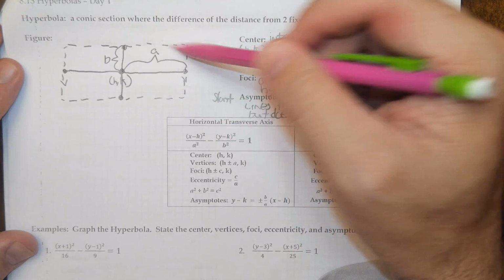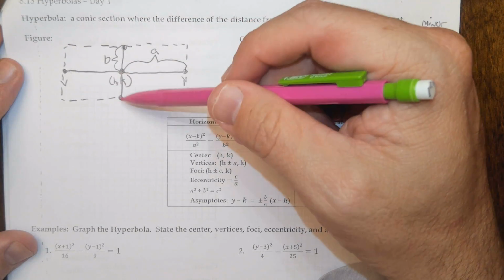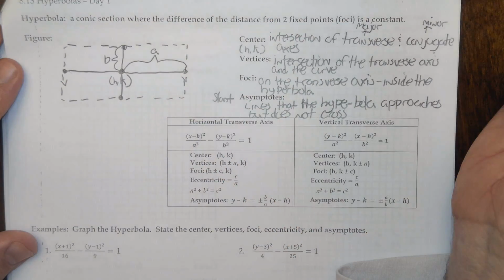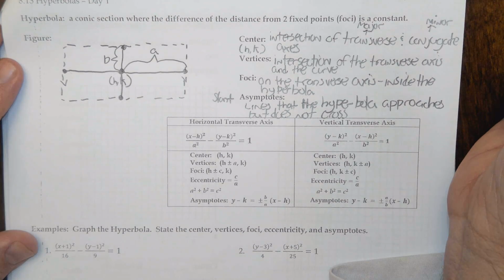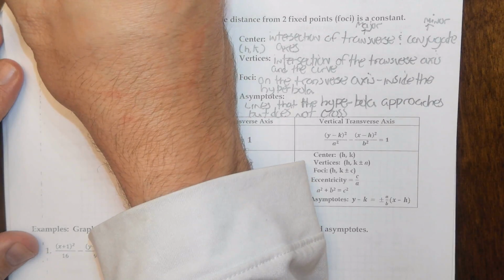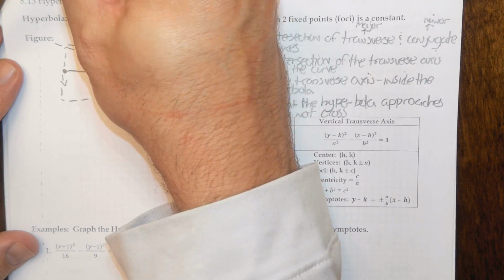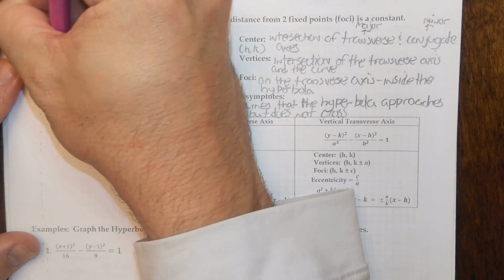I just went up b over a, or down b over a. We'll talk about that more shortly. The slant asymptotes go through the corners of the box, so that's why we draw this magical box. It helps us draw our hyperbolas. We just draw them through each corner.